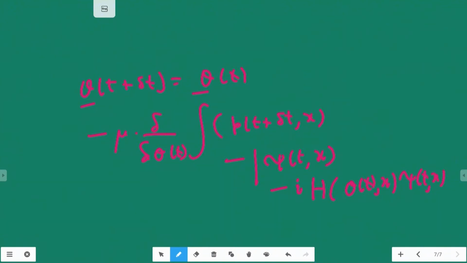So you multiply by delta t and then take the modulus square, take the whole square, take dx, and differentiate this with respect to theta t. It is a fairly straightforward procedure, but there are other simpler methods to do this.